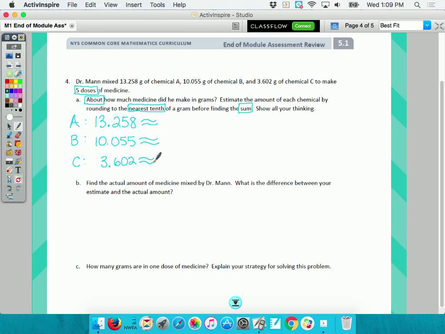Those 2 lines mean we're rounding it. What place value are we rounding to? Tenths. We put a box around it, right? So here's what I want you to do. I want you to box everything to the tenths place. So start with chemical A, box all the digits to the tenths place.